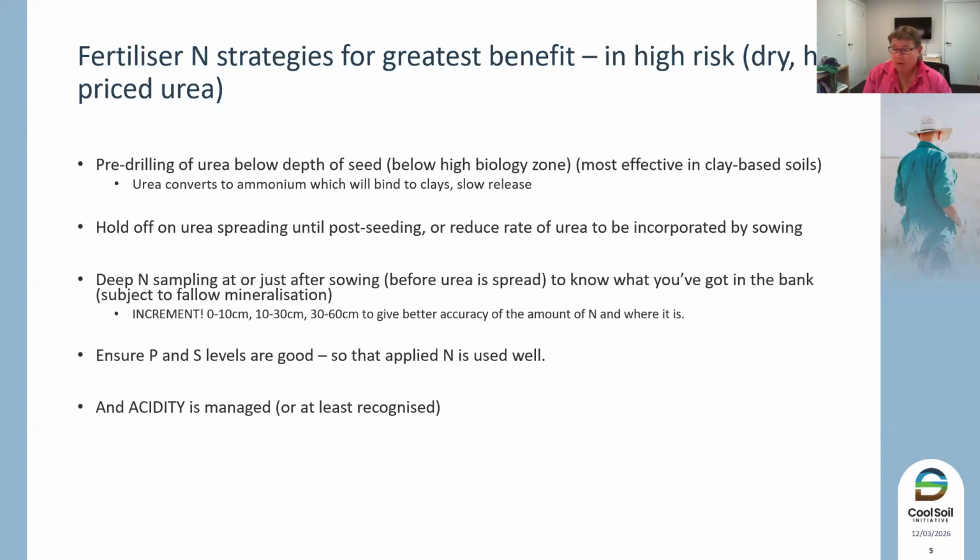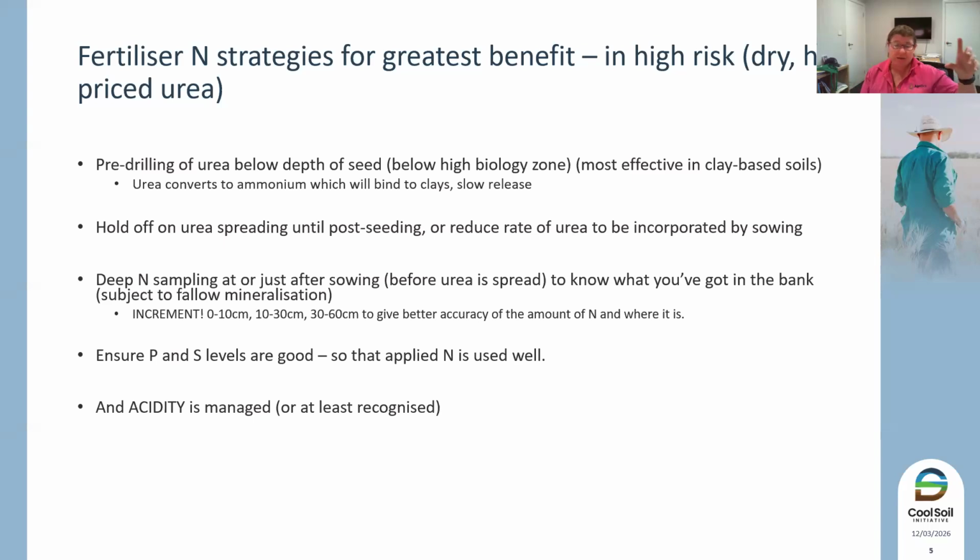With any of your deep N work, incremental sampling is incredibly valuable. Splitting those cores into segments ensures you get the best accuracy of where your N is and how much you've got. A few years ago in Cool Soil, we did a series of samplings to increment deep N versus 0 to 60, and showed the real value of getting more accuracy around where that N is in the profile.